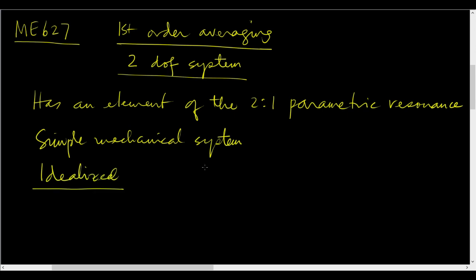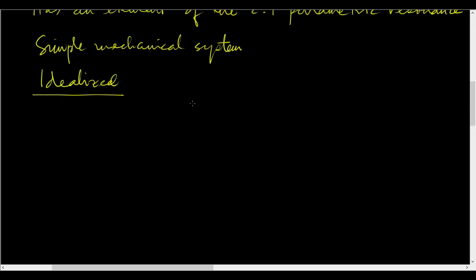Okay, so after all these promises, here is a mass m. Its displacement is measured from some inertial location. There is a spring here connecting it to another mass.